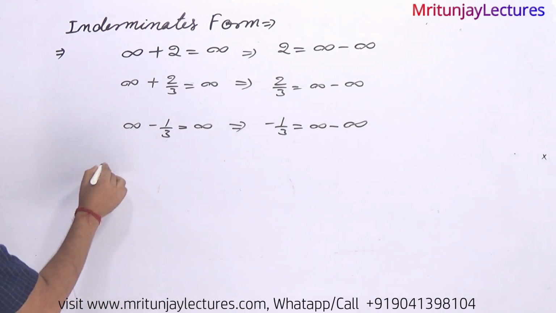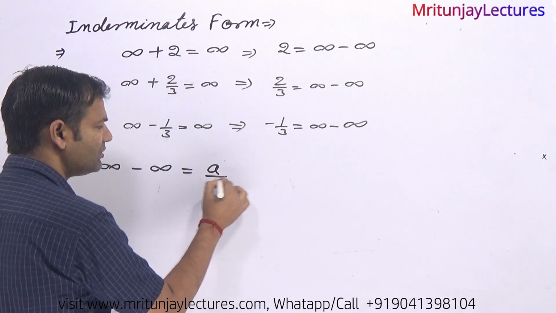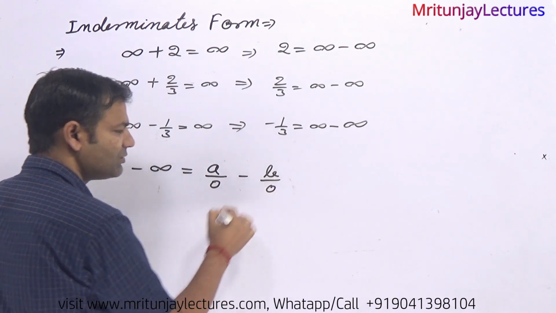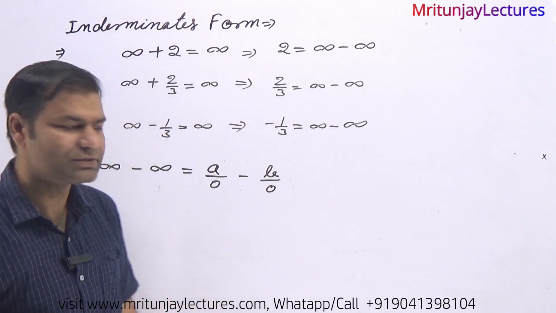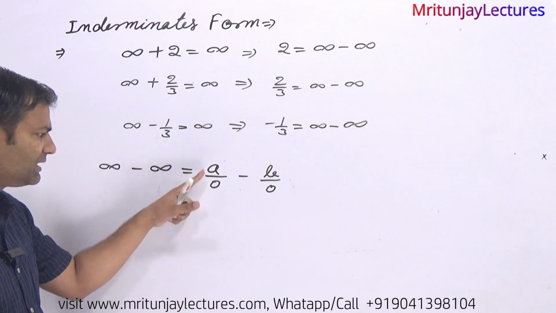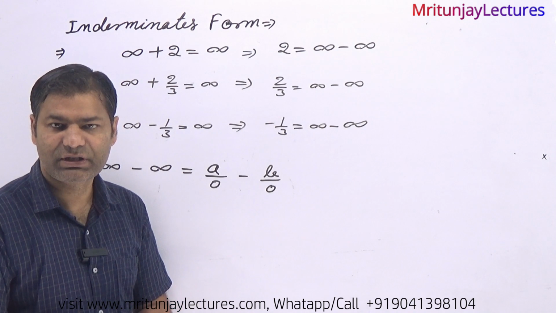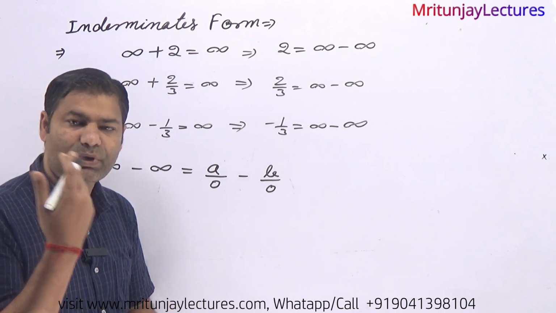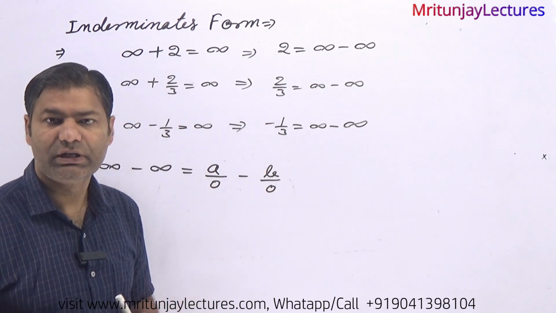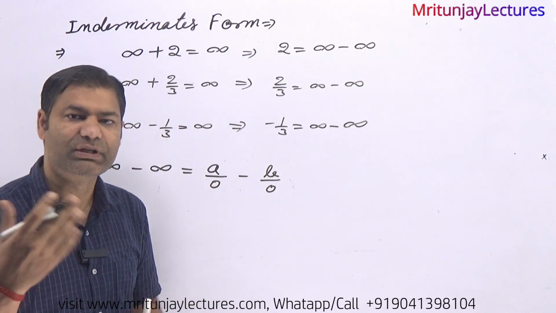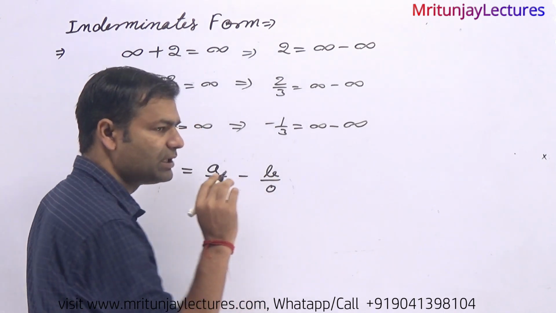I know that infinity means a divided by 0, or b divided by 0, whatever a and b are. Infinity minus infinity is written as a divided by 0 minus b divided by 0, where a and b are not equal to 0, whatever the values are.